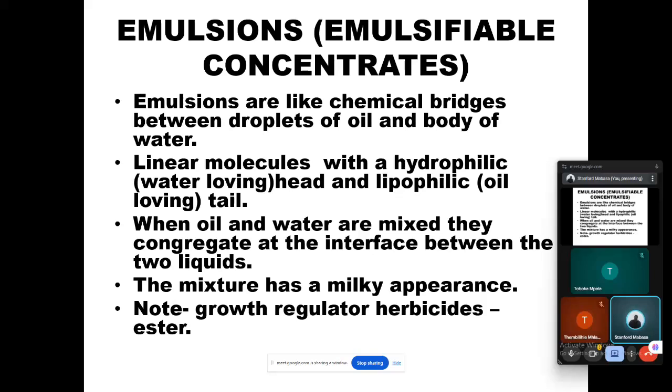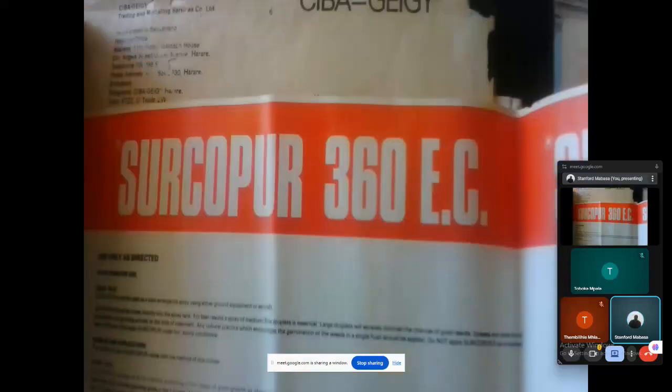So you may find on the label it's written EC, meaning emulsifiable concentrate. Prefaran, I think it's a herbicide, 30 EC, it means emulsifiable concentrate. Superco 360 EC, that EC represents emulsifiable concentrate.